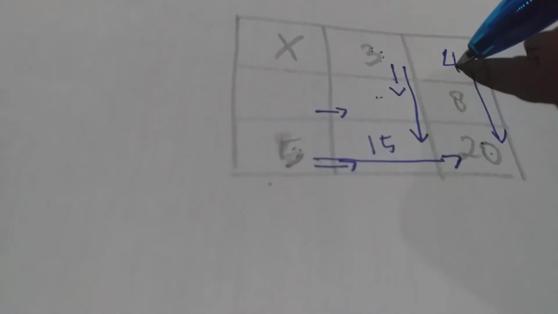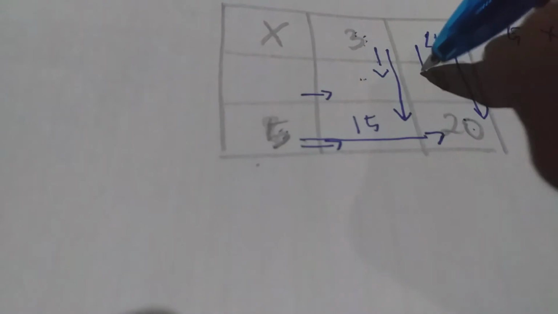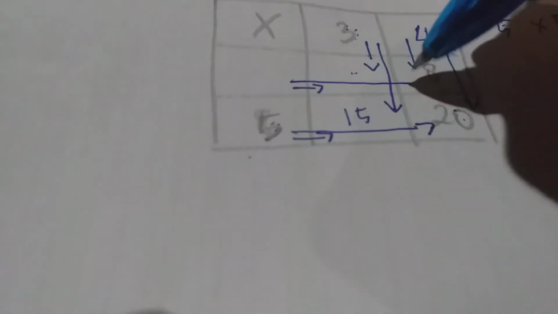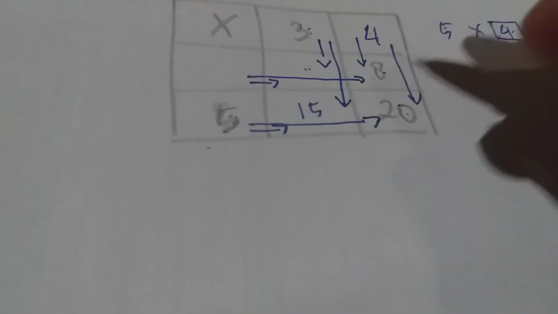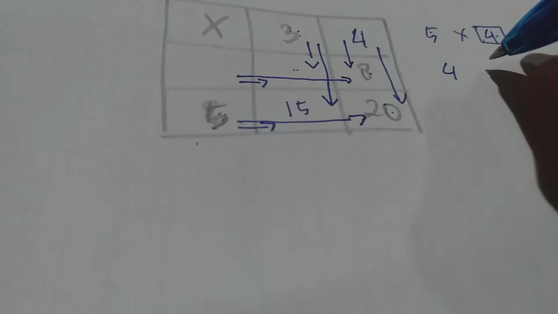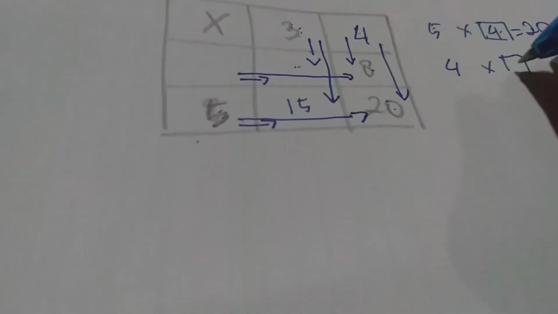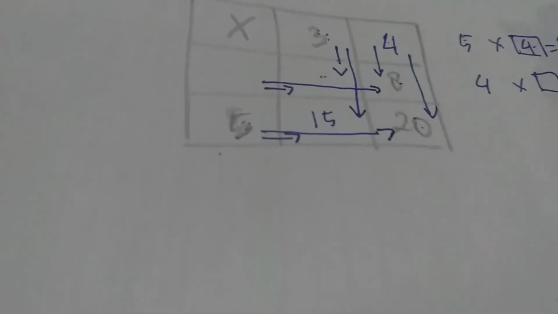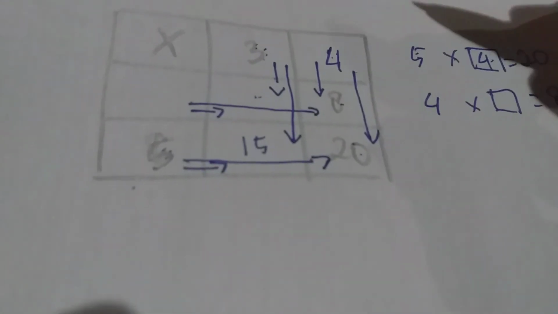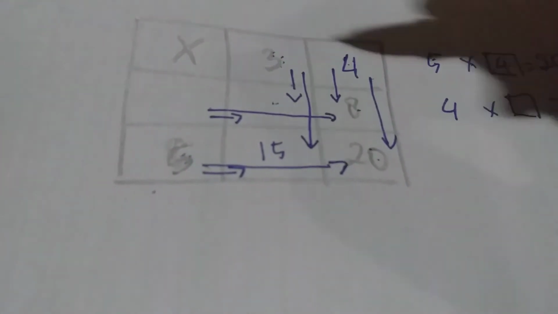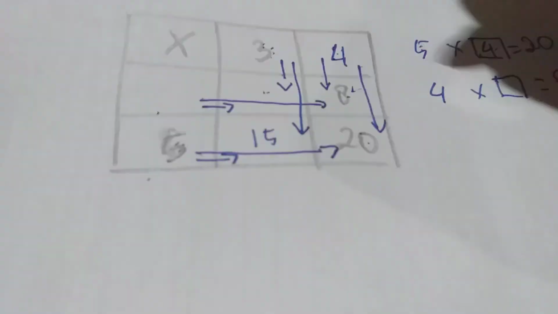Look, since we already know the number right here, you can continue. So here 4 meets with this square and it will be 8. So 4 times what to get 8?